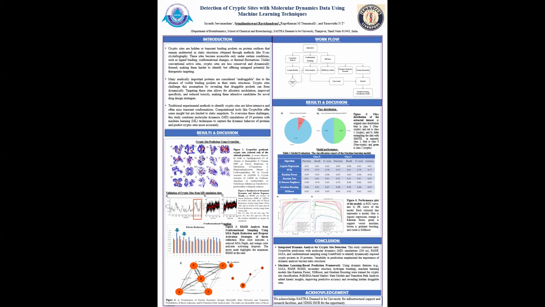Here, we mainly focus on integrating molecular dynamics and machine learning techniques because cryptic sites remain hidden in static structures. So here we took 19 protein PDB ID and chain identifiers for CryptoSite analysis, a web server which identifies whether residues in the protein are cryptic or not.